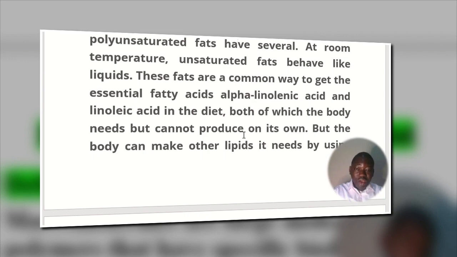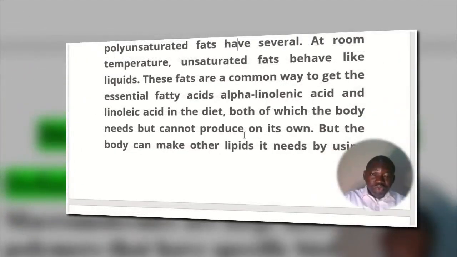These fats are a common way to get the essential fatty acids alpha-linolenic acid and linoleic acid in the diet, both of which the body needs but cannot produce on its own.